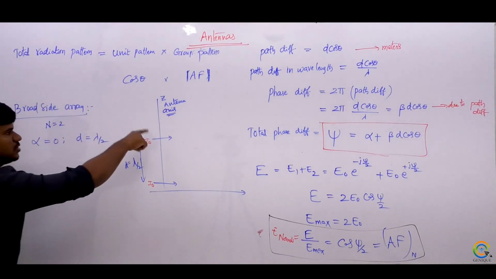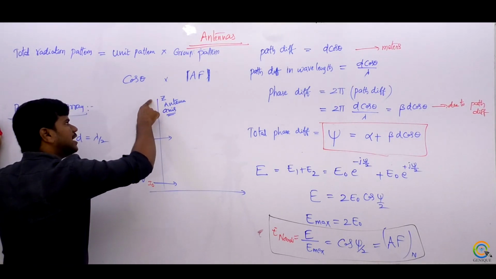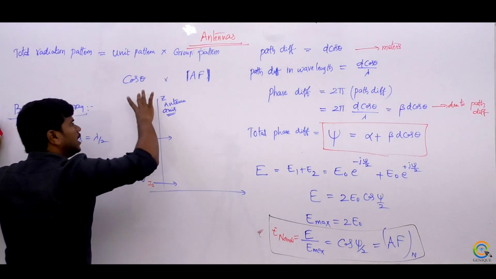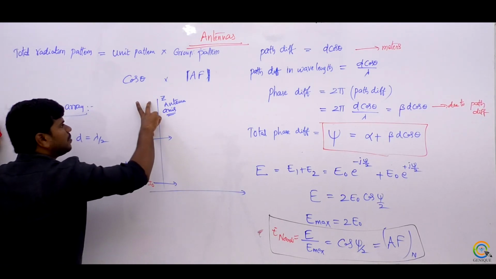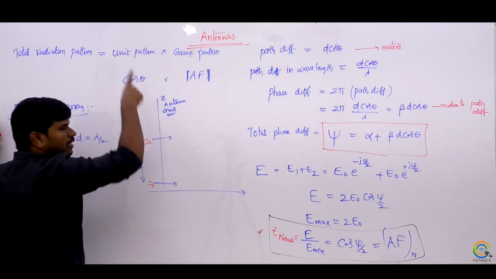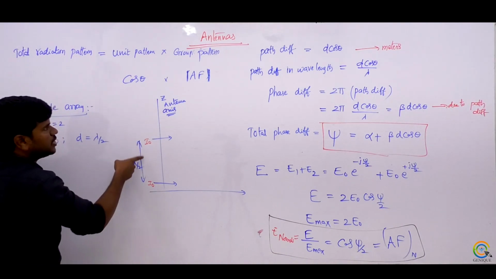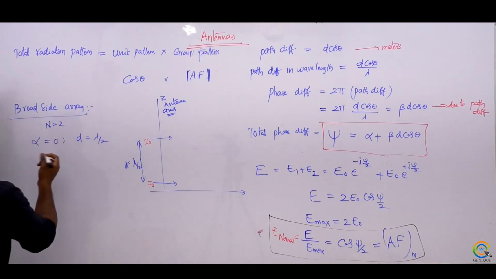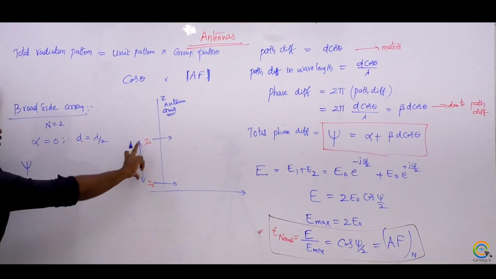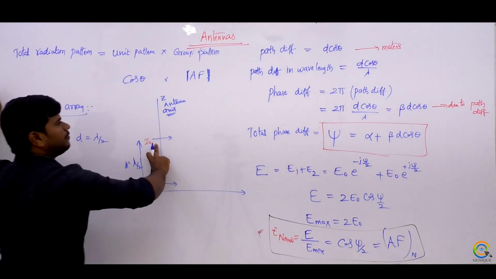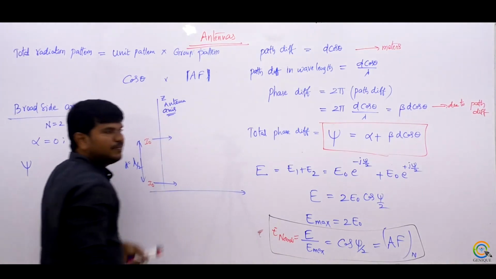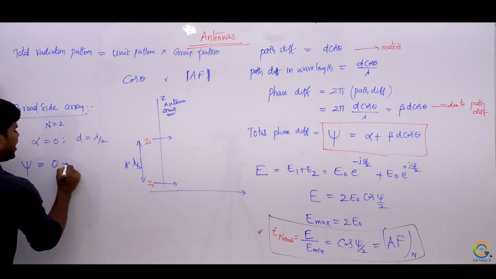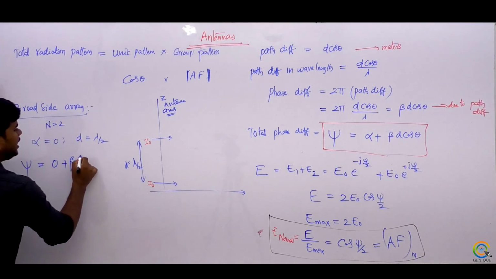Suppose if you use three elements here, one more element must be placed here. If you use four elements, one more element must be placed here. The spacing between the elements must be equal, and the phase difference must be 0 for a broadside arrangement. So what is psi here? Due to this arrangement, the total phase difference at the field point is 0 plus beta d cos theta.